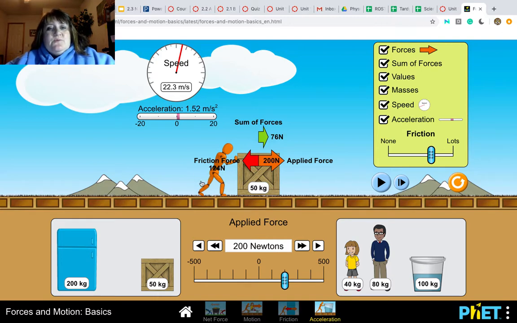So what I want you to realize is that in order to calculate this acceleration of 1.52, I would take the total force, 76, and divide by 50, the mass, and that will give me my acceleration. Okay?